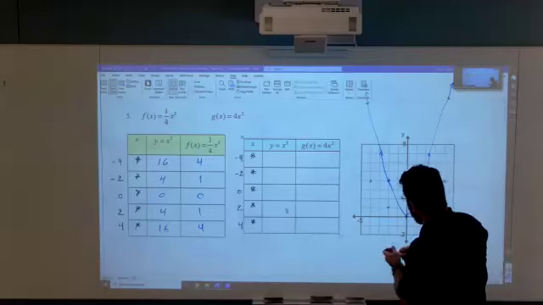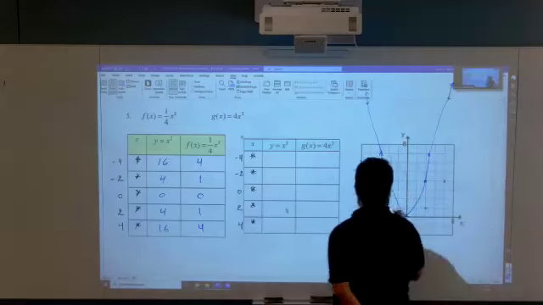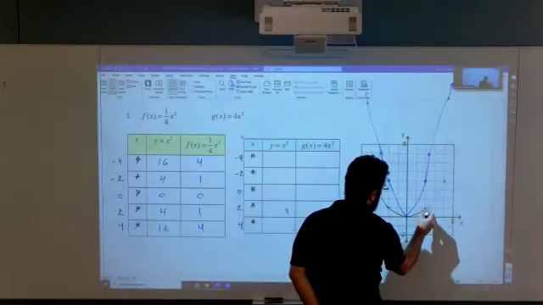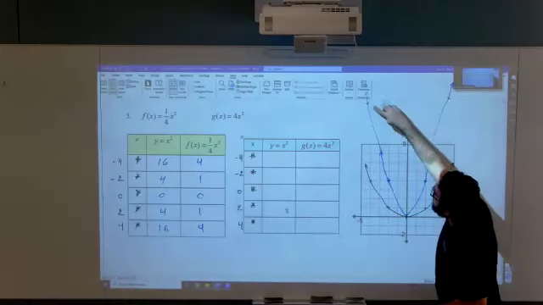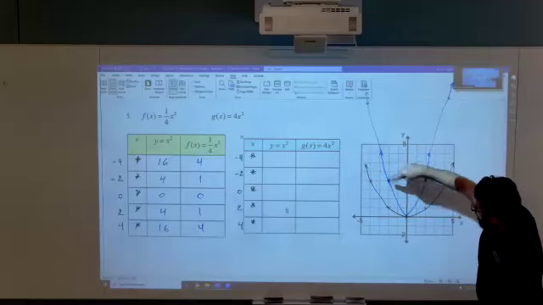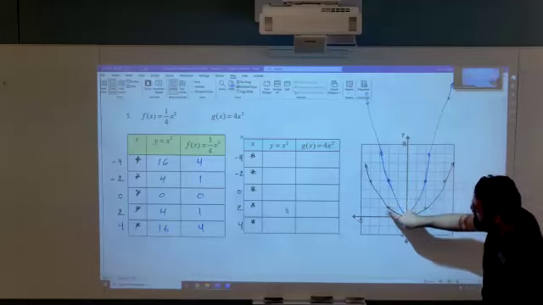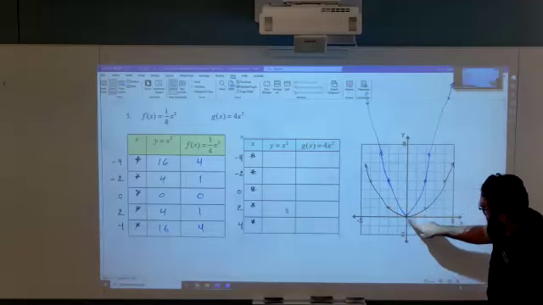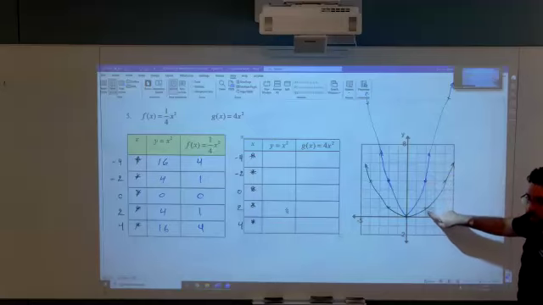So the new graph is... So -4 and 16 shrinks to this point. This point -2 and 4 shrinks to -2 and 1. 0, 0. This point 2 and 4 shrinks to 2 and 1.